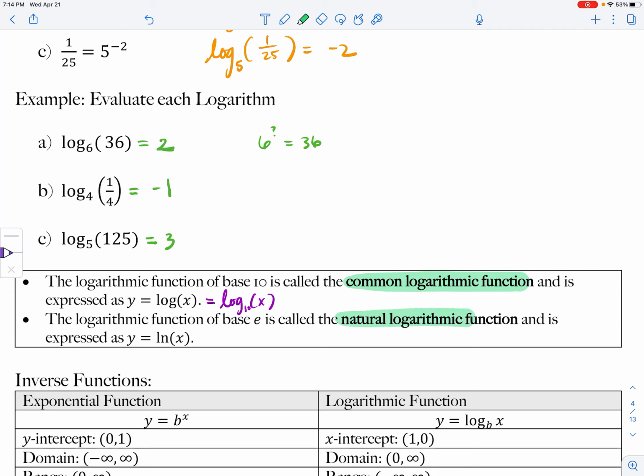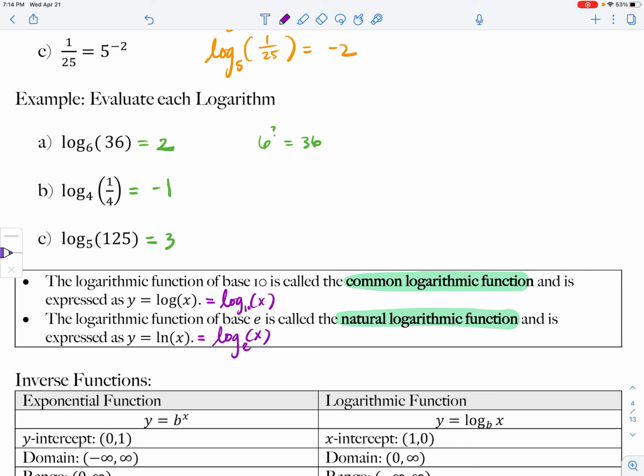And then the natural logarithmic function is notated as y equals ln of x, or you can read that as y equals natural log of x, and that would be base e. So ln is the same as log base e of x, okay?